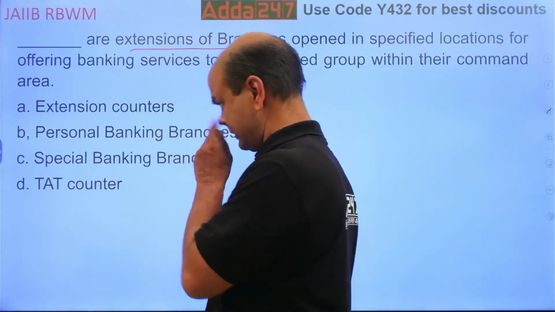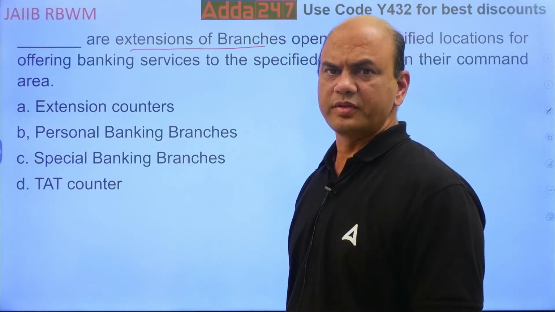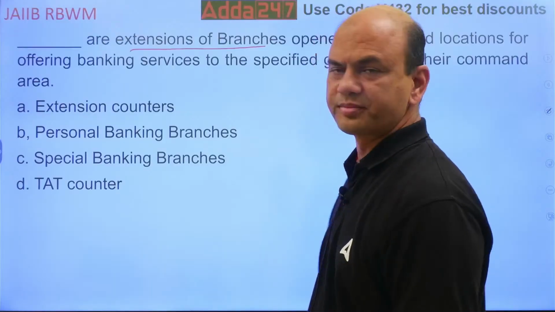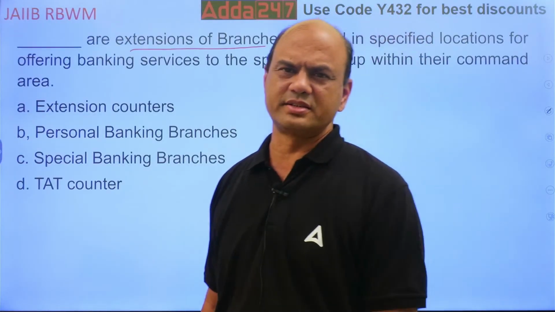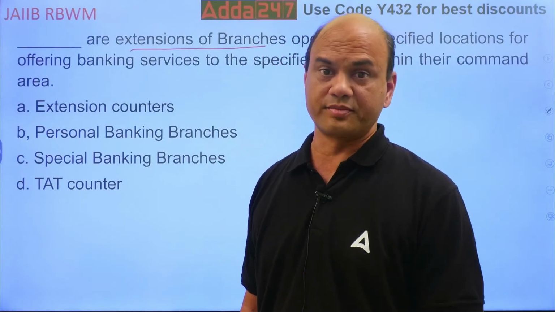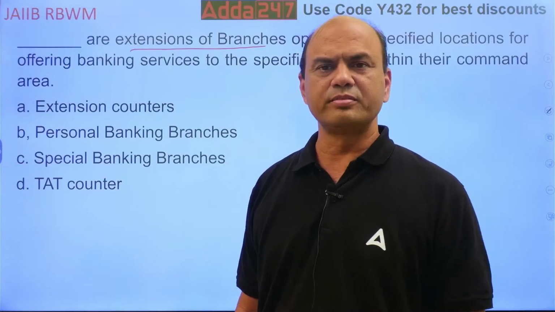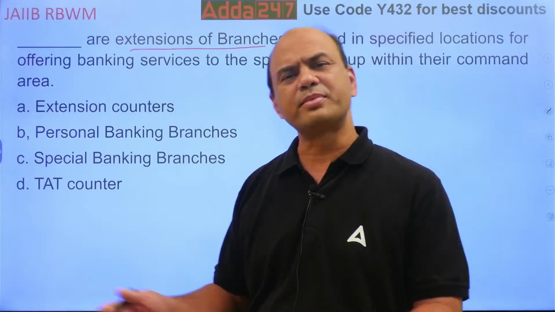What are these called? Have you seen extension counters in the banks? Many of you might not have seen this. Some of you in the nationalized banks might have seen this. Extension counters are there. Nowadays there are very few, but they are there. Extension counter means what? A sub branch.